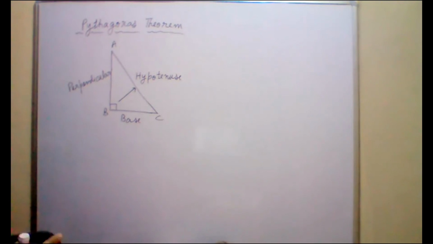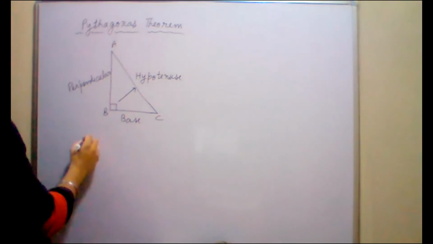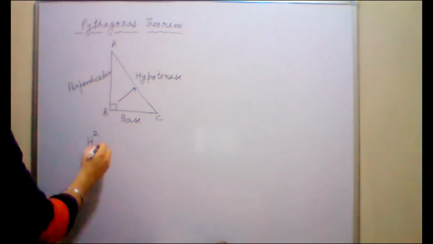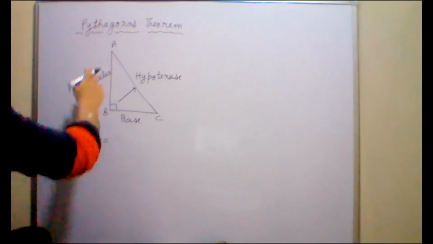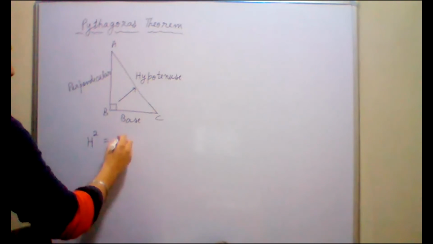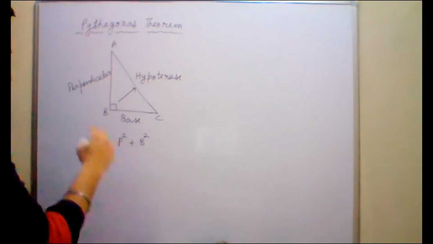Now, what is the meaning of the theorem? The theorem means that if you find the square of the hypotenuse, whatever its length is, h square is equal to perpendicular square plus base square, p square plus b square.